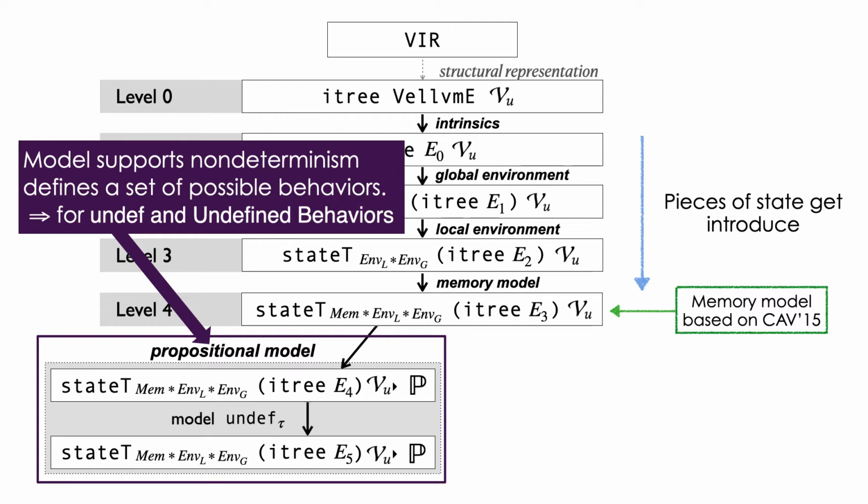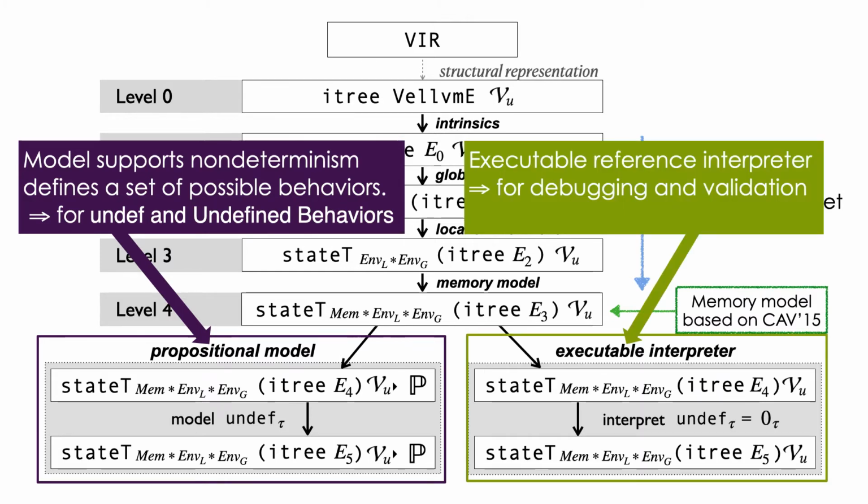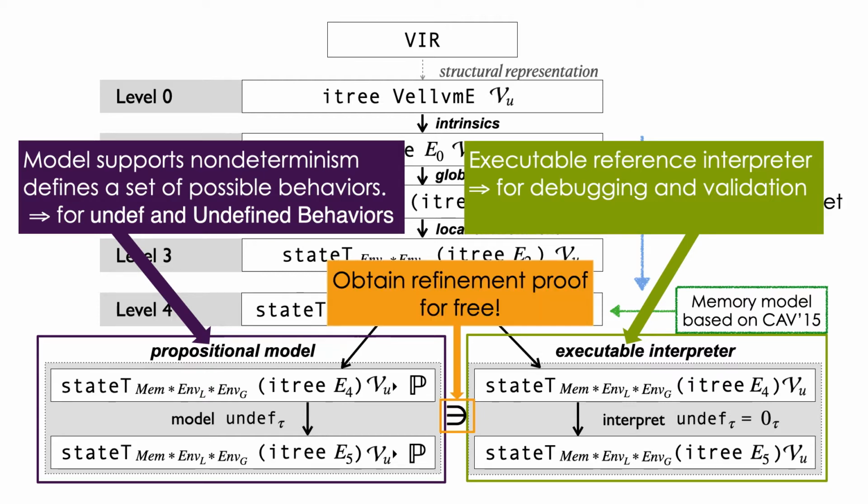However, I told you that we wanted to be executable, so sharing all of the semantics except for these 2 handlers, we define 2 alternative handlers that are executable and that will be used in order to get a reference interpreter. Because we share so much of the semantics between both the executable interpreter and the propositional model, we essentially get for free a refinement proof showing that the executable interpreter exhibits a legal behavior with respect to the model.